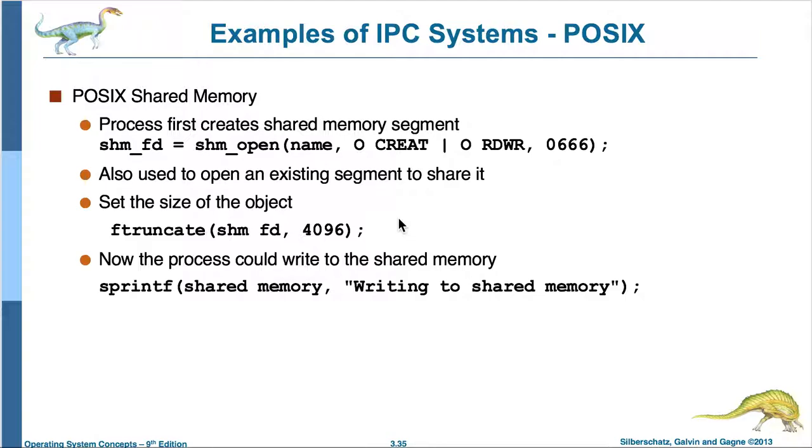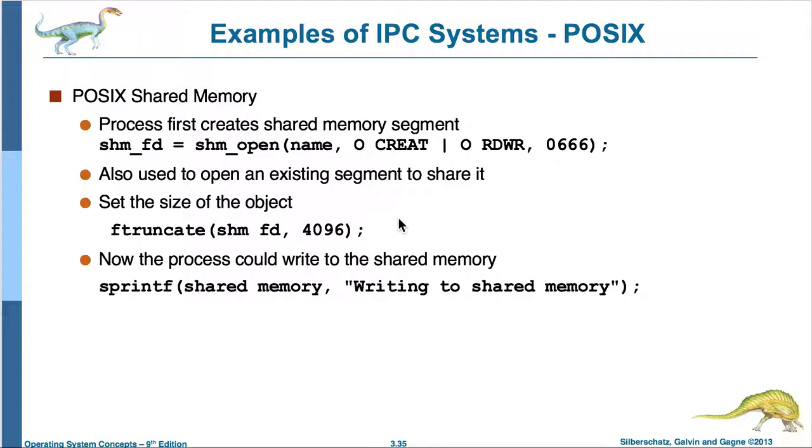In this particular example of inter-process communication, we're going to rely on the shared memory inter-process communication method. When we leverage the shared memory method, there are a few distinct system calls that we need to use, in order, one, to set up our shared memory segment, and then also to set the size of that shared memory segment.